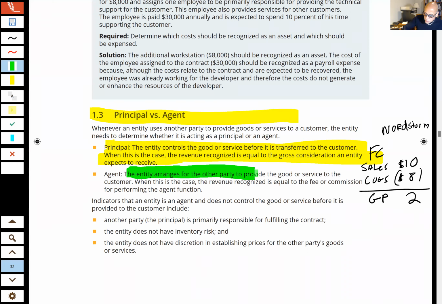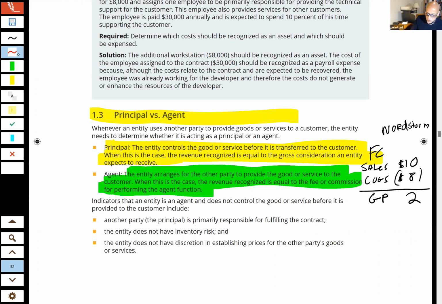Now, if the entity simply arranges for another party to provide the good or service to the customer, then in this case, the revenue recognized is equal to the fee or commission for performing the agent function. Does that sound like anything you maybe have used recently? Anybody ever use this company, Uber?